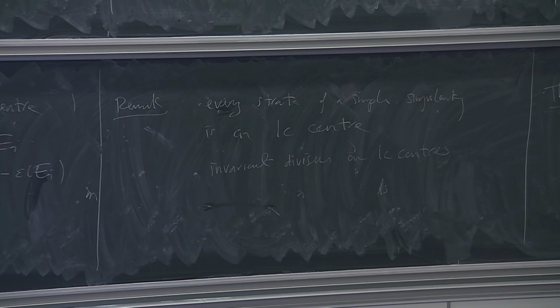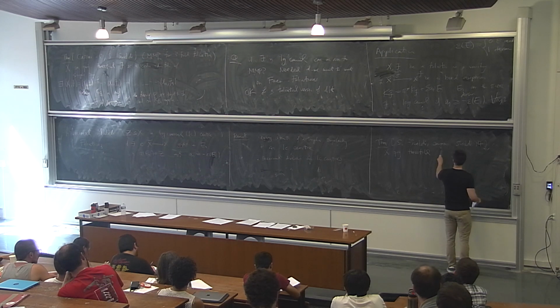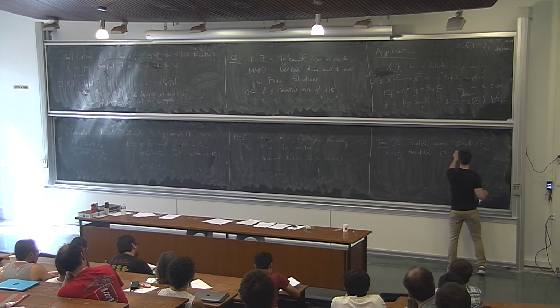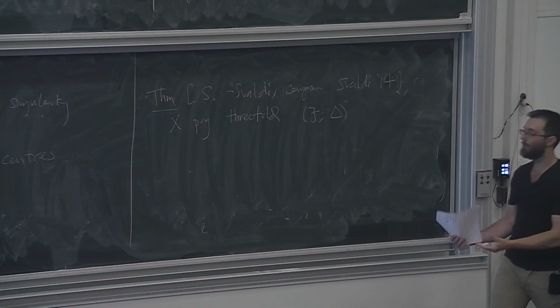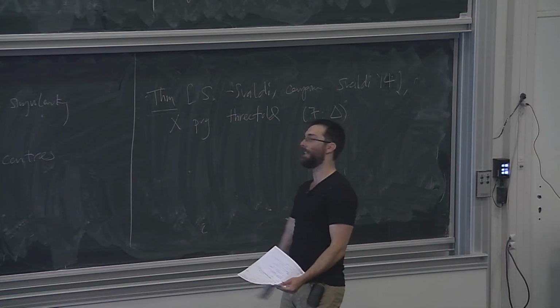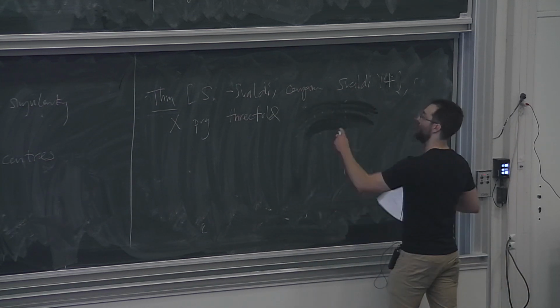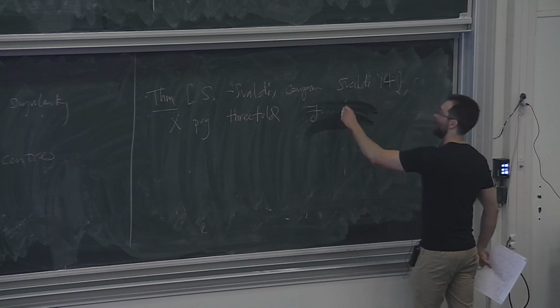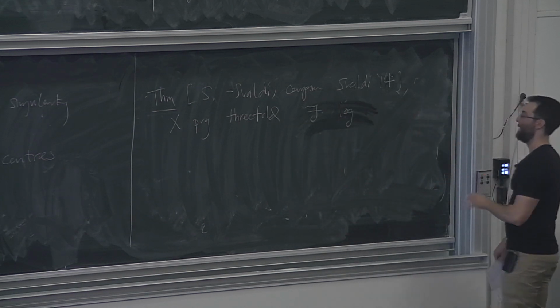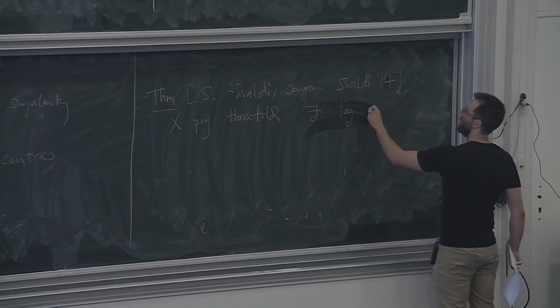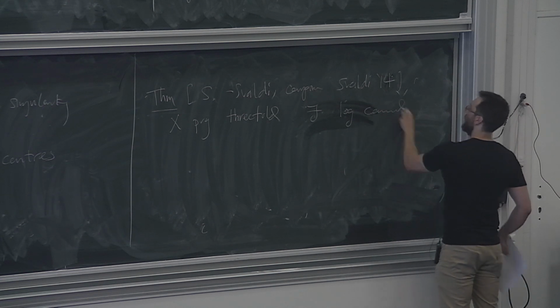Let X be a projective threefold, and let F be a foliation. I'm going to throw in a boundary now, but this is still an interesting statement even without a boundary. F is log canonical, but you should have in the back of your mind that there's a boundary here if you want.